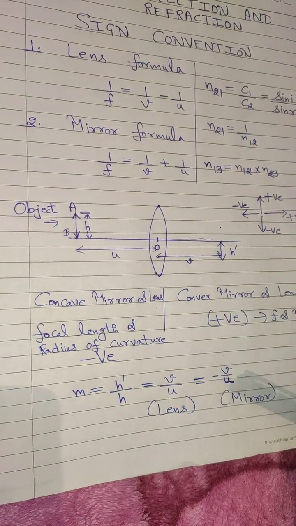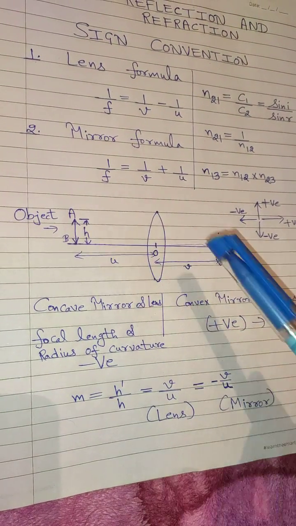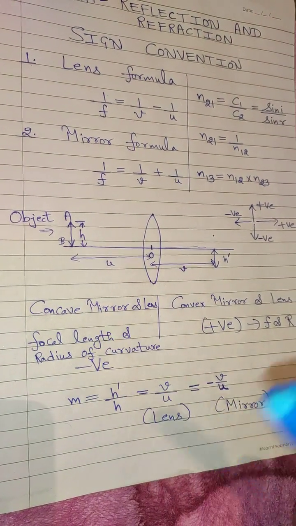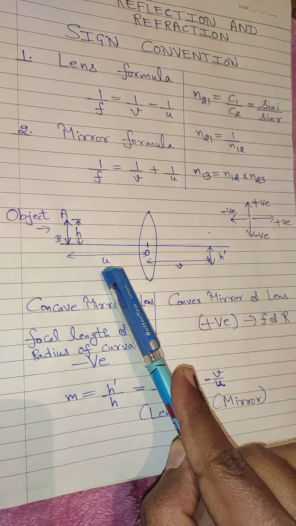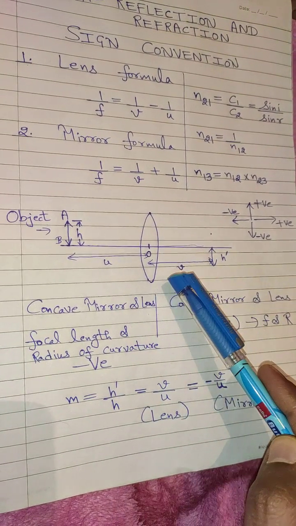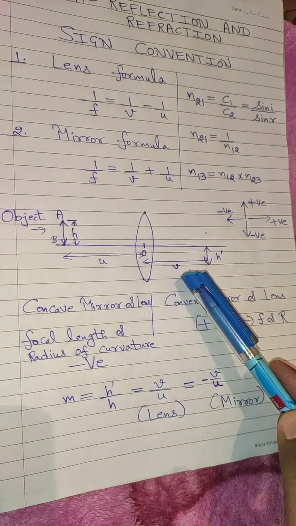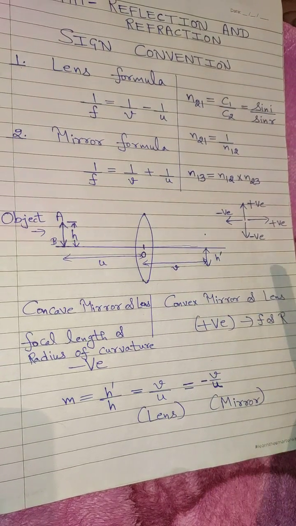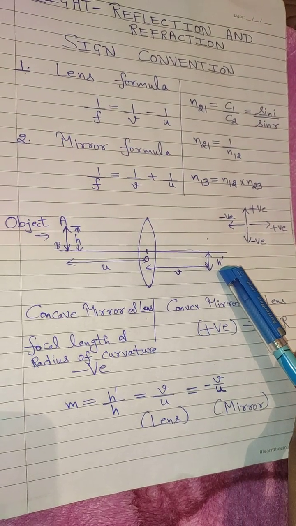For representing the height of the object we generally use small h, for the position of the object from the optical center we use small u as a symbol, for the position of the image formed we use small v, and for the height of the image formed we use h'.